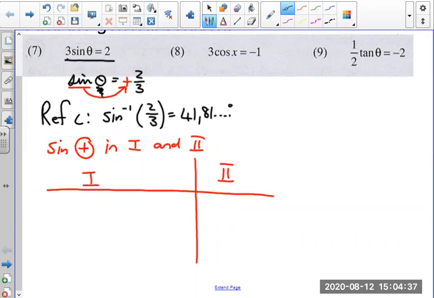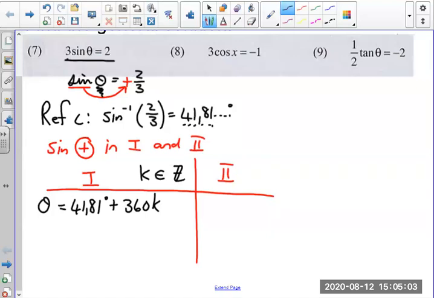So theta is equal to your reference angle, 41,81, which I've rounded off to 2 decimals, and you add 360k, where k is an element of Z. I'll explain that just now.